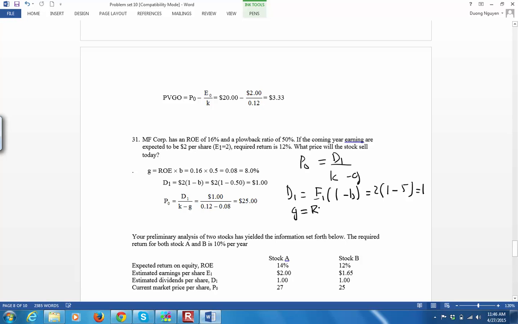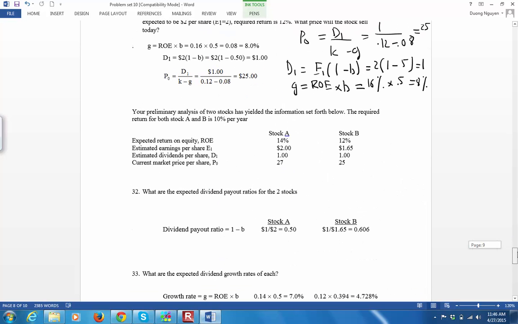G equals ROE times B. ROE is 16% times B, 0.5, equal to 8%. So put it in here, 1 over 0.12 minus 0.08, and this is equal to $25.